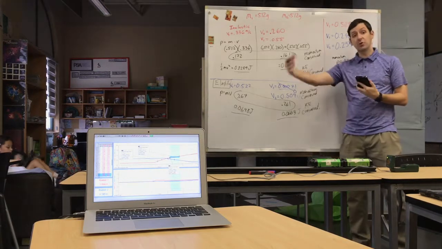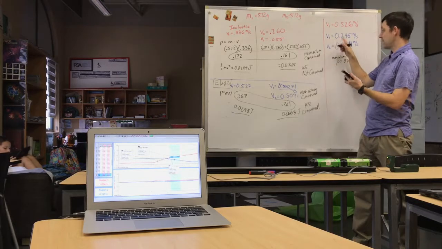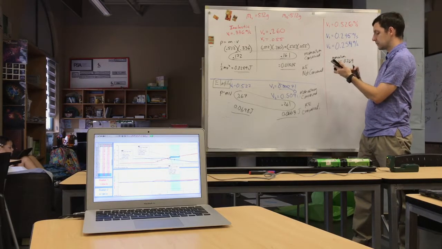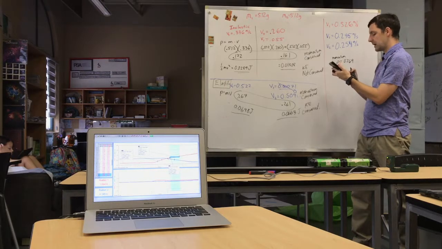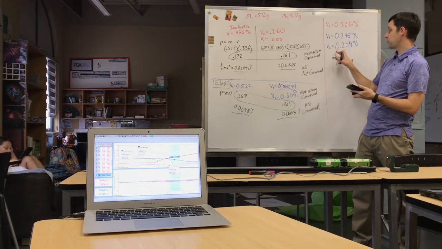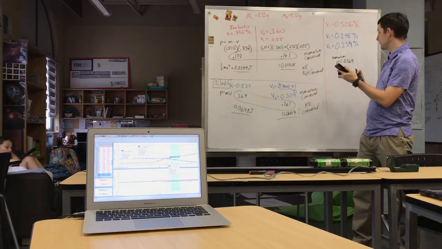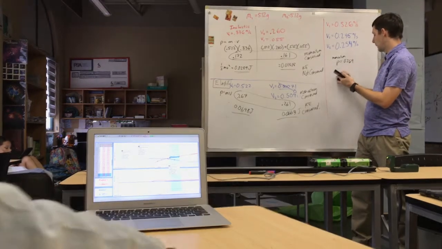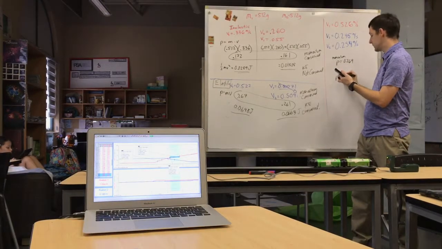And then I'm also going to do the momentum after the collision, so the mass of this one, which is 0.512, times 0.246. And then I'm going to add the momentum of the second cart, which was 0.512 times 0.254. And what I get is a momentum afterwards of 0.256.